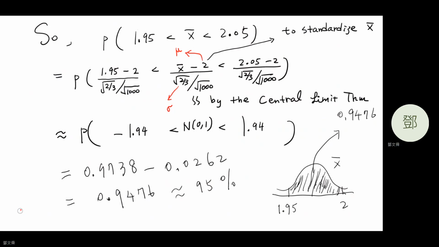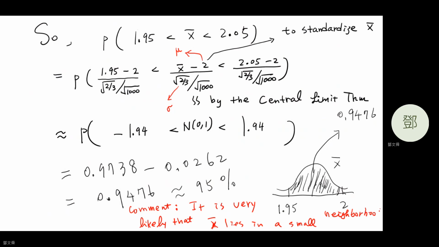So what is our comment? What is the implication? It is very likely that X bar lies in a small neighborhood of mu.